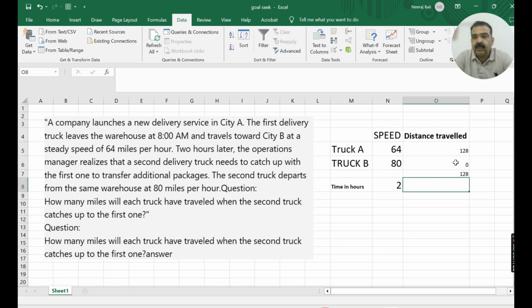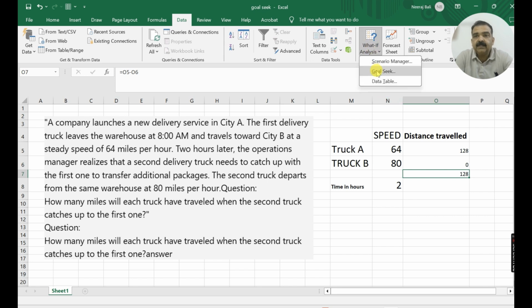The difference is 128 between truck A and truck B, after truck A has traveled 2 hours and truck B has not started yet. What is the difference between truck A and truck B? 128 minus 0, which is nothing but 128. Now again, we go back.